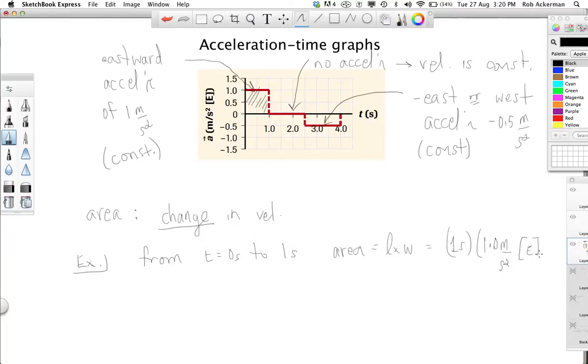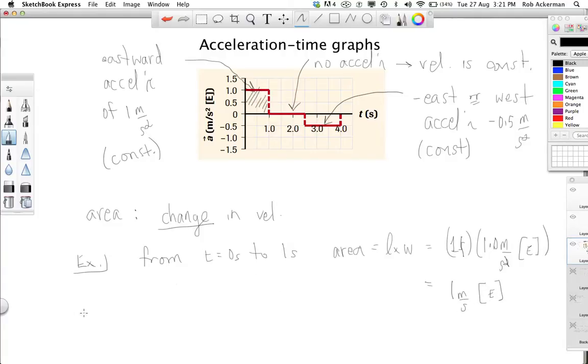Don't forget to include your direction and your units. Now notice, one of those seconds cancels. What does that leave you with? 1 times 1 is 1 meters up here, and 1 of the seconds left there, meters per second east.